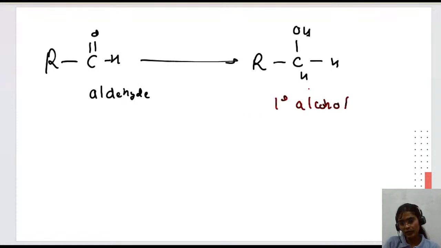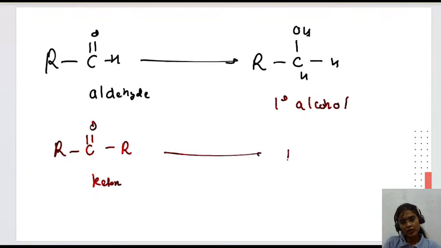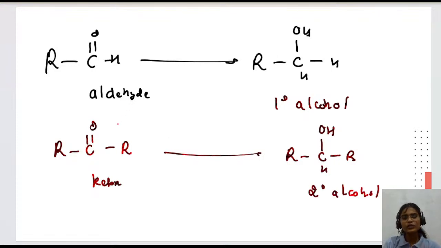Or let's suppose I am using a ketone. Which kind of alcohol are we getting? You can say it is OH and R there, so it's a secondary alcohol. So be noted, if I'm using aldehyde, we're getting primary alcohol. If I'm using ketone, we're getting a secondary alcohol.